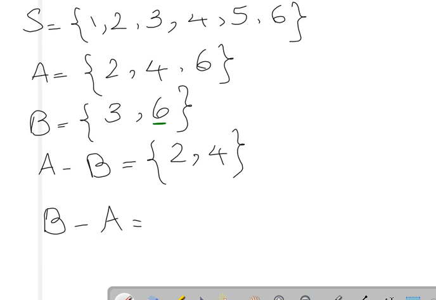Again, B minus A means all the outcomes in B that are not in A. Again, you can see the 6 is here, so the result is 3. All the outcomes in B that are not in A.